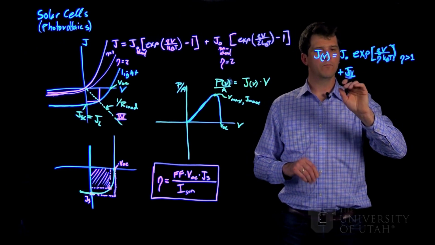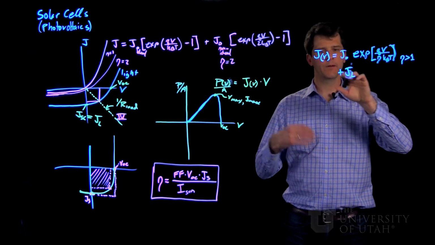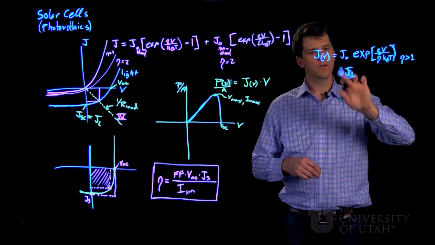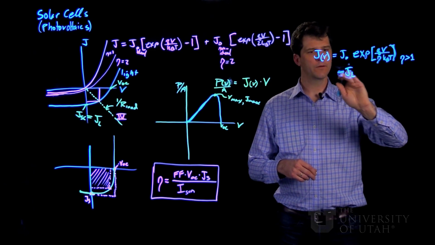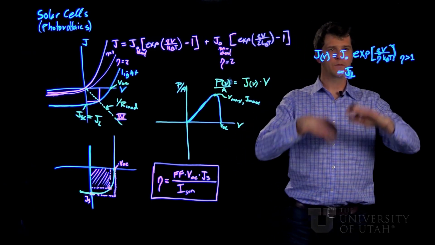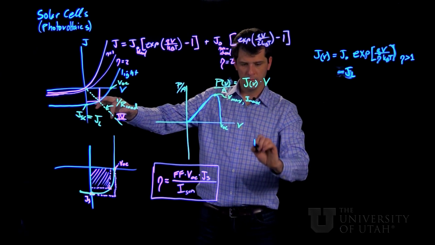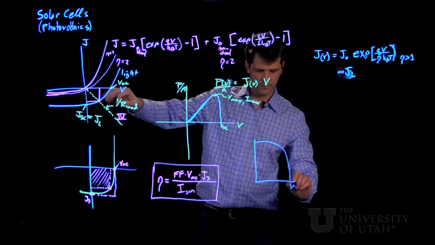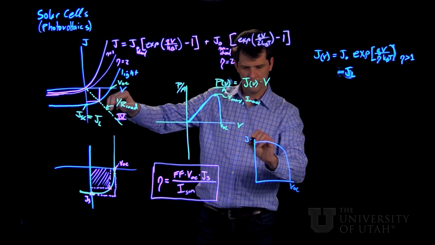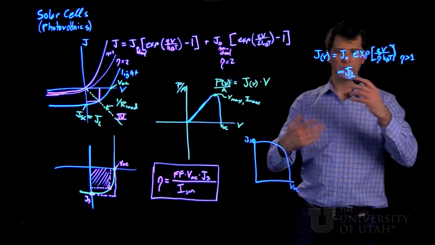And depending on how you're defining your currents and voltages as positive or negative, this could be a -1 or a +1. The way I'm drawing it here, it's a -1, but if you flip the curve upside down, which is sometimes done, sometimes you see curves like this to keep all the currents positive, you would flip that sign.